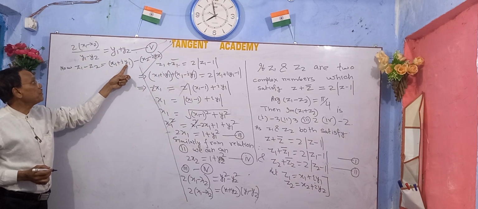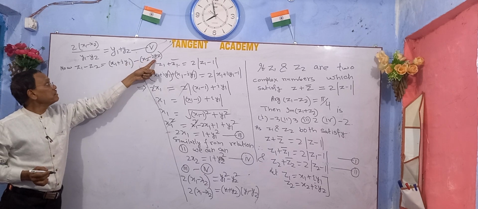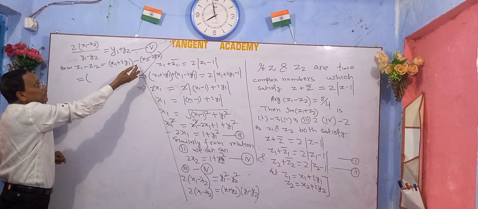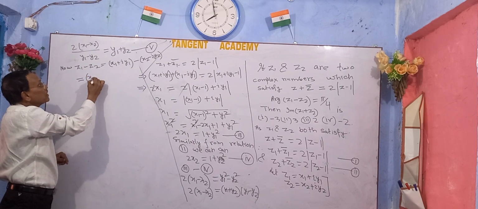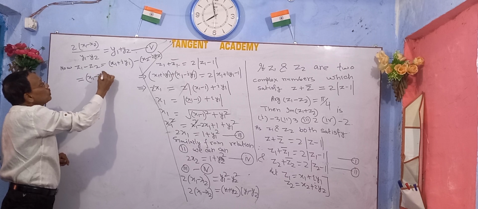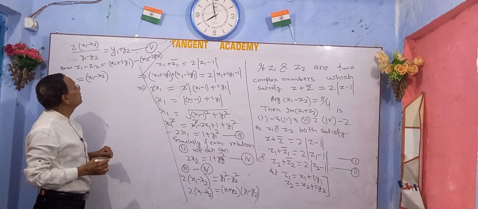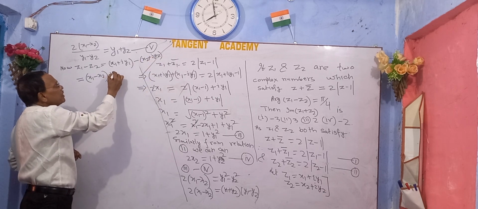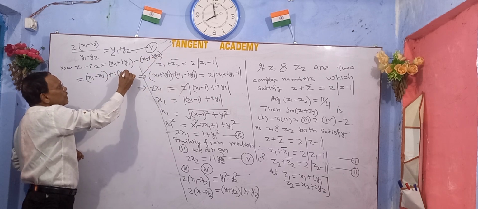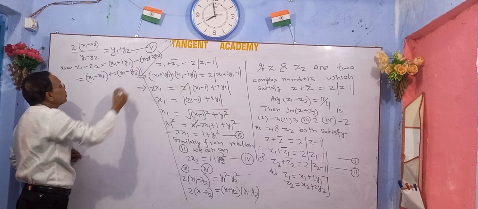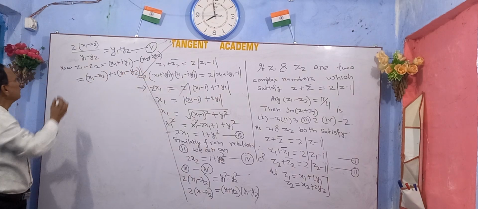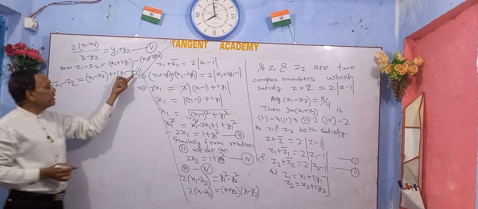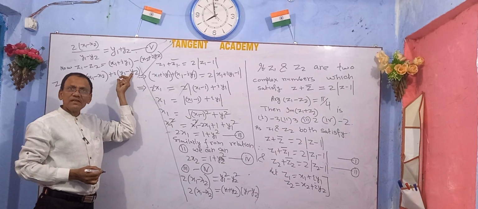Separating the real part and imaginary part, we have x1 minus x2 plus i times y1 minus y2. So its real part is x1 minus x2 and its imaginary part is y1 minus y2.